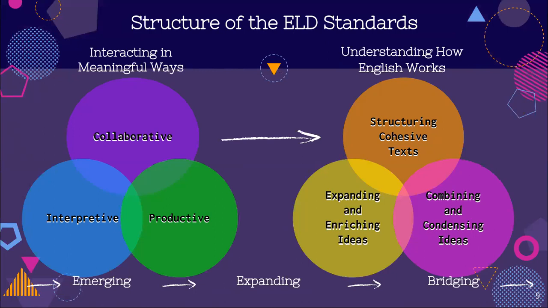So the collaborative mode is where students are exchanging information, both orally and in written form, and it includes both social and academic language. It includes written English, including print and technology and multimedia.